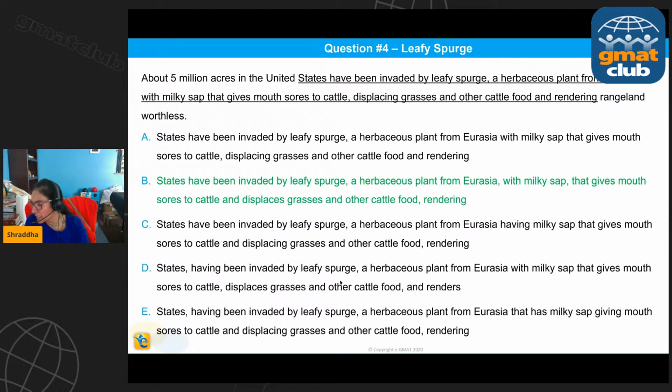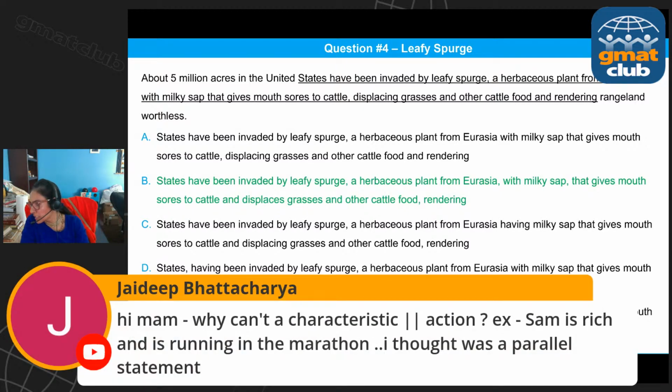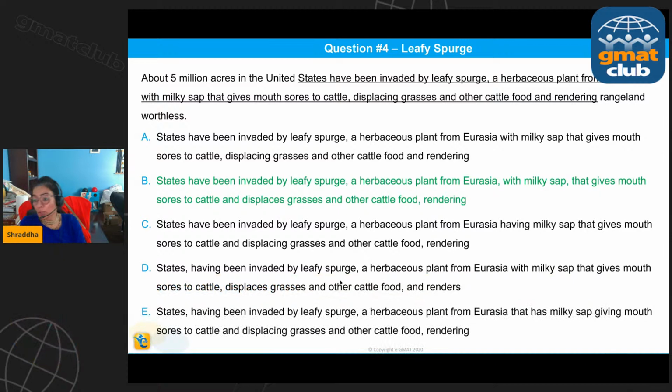Why can't a characteristic or action be parallel? Sam is rich and is running in the marathon. See, Jaydeep, it's not parallel. You think that it is parallel, but what you are trying to make parallel here is rich and is running.